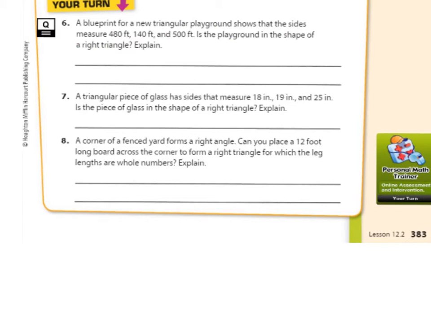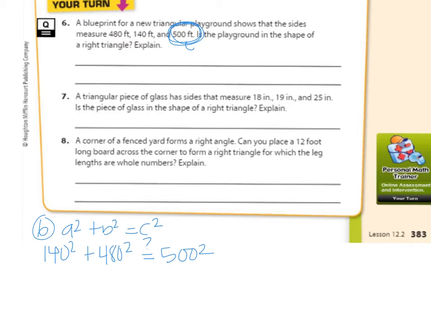So first thing, note that your longest length here is 500, so that needs to be your hypotenuse and needs to be C in your Pythagorean theorem. Then we're going to plug this in here to our A squared plus B squared equals C squared, maybe, right? So our short one, I like to make our smallest number A. So I'm going to do 140 squared plus 480 squared maybe equals 500 squared.